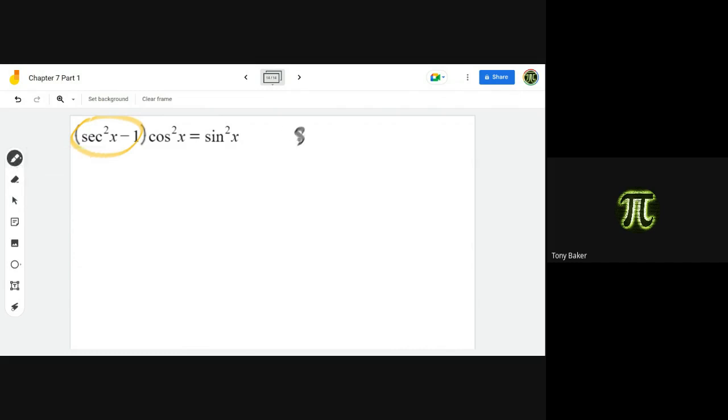So I have the rule secant squared x equals tangent squared x plus 1. If I bring the 1 over, that becomes just tangent squared x, because it's secant squared x minus 1.